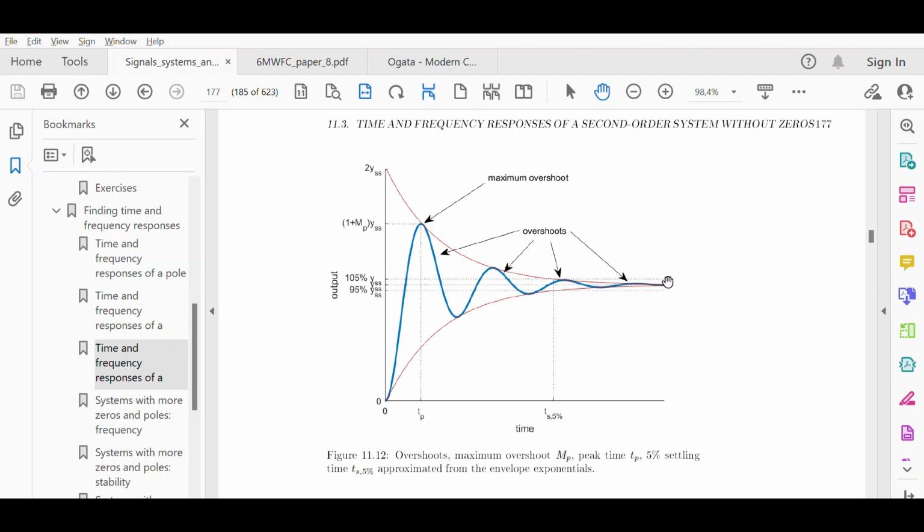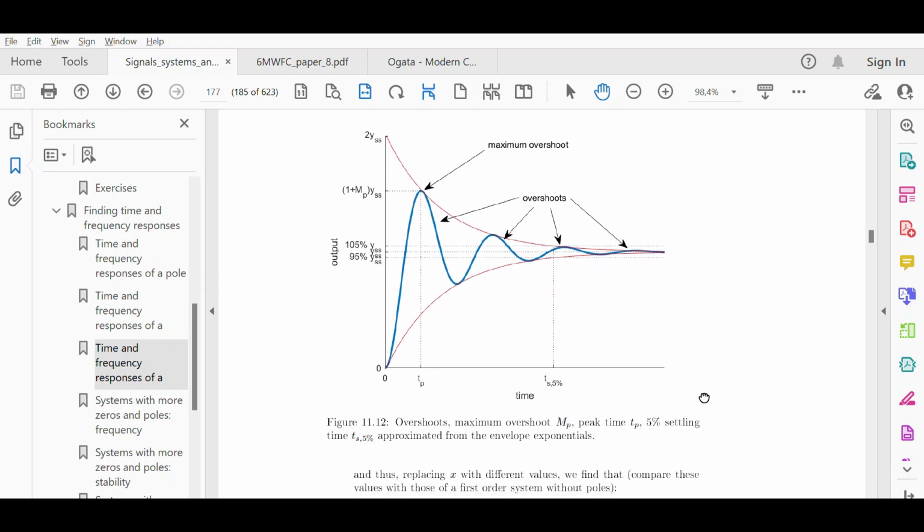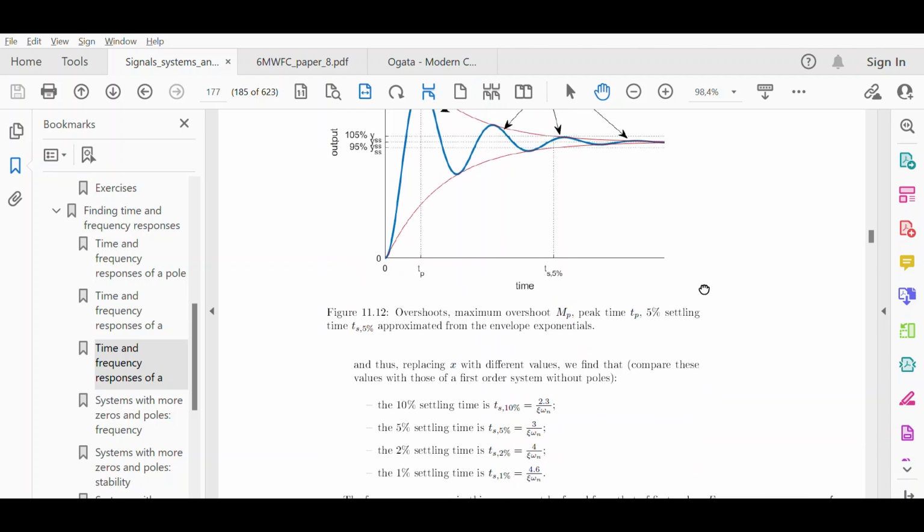In the lecture notes, you can find analytical expressions for these values, which can of course be found from the analytical expression of the step response found from Laplace transforms.